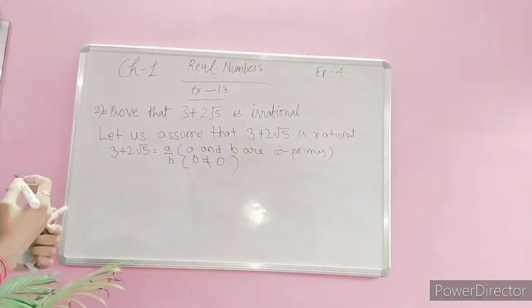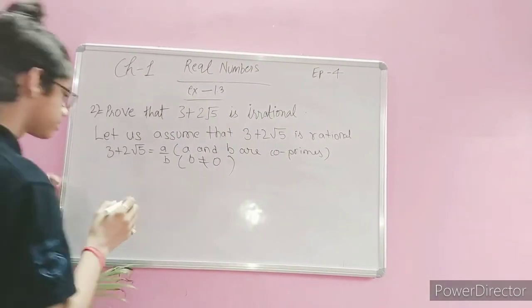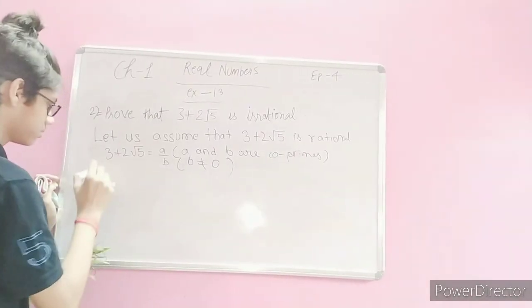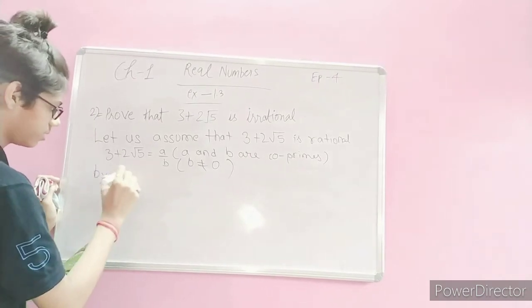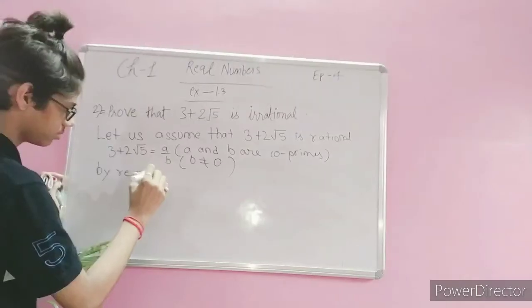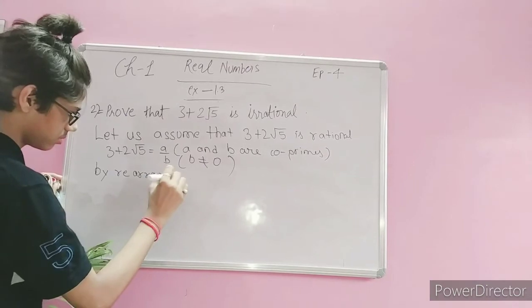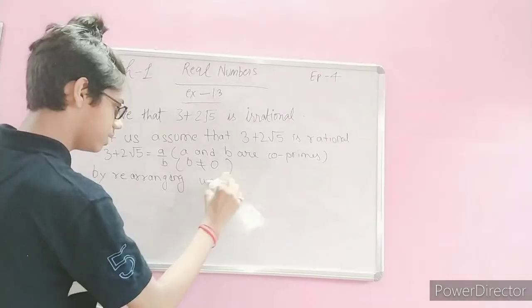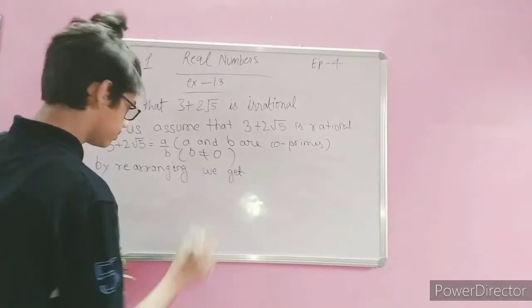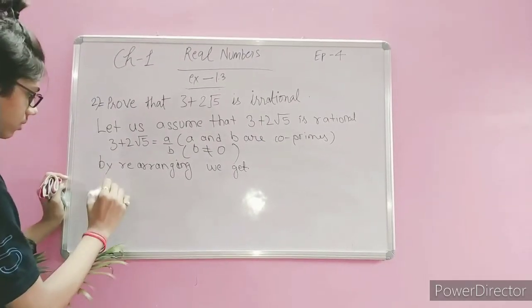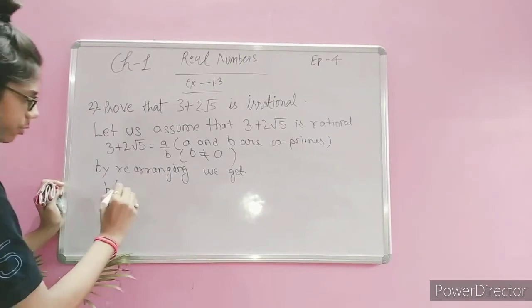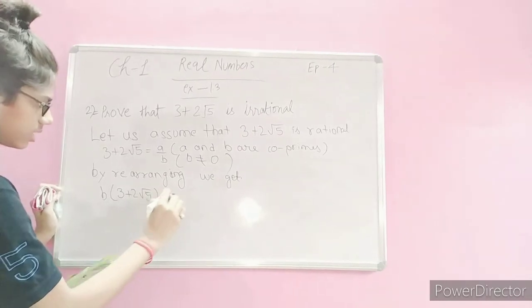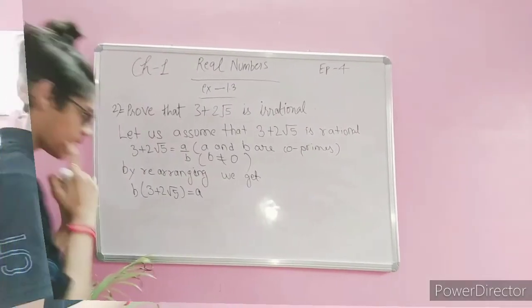Okay, so we will rearrange this. So by rearranging we get b bracket open 3 plus 2 root 5 is equal to a.